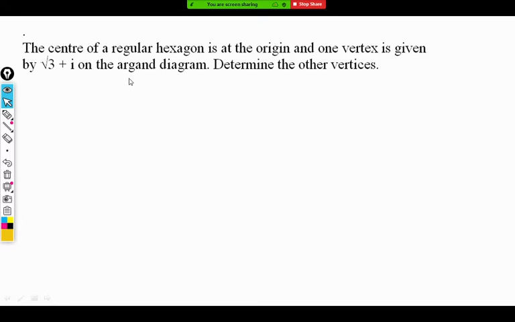One vertex is given by root 3 plus i on the Argand diagram. Determine the other vertices. I think it can be done in two different ways. So at least one method you should tell me, how to find all the vertices of this regular hexagon.